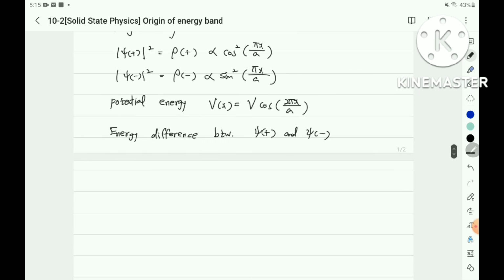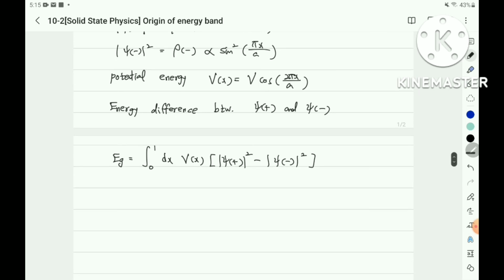This energy difference we call the energy band gap, and let's define it as the integral from 0 to 1 dx of the potential times psi plus squared minus psi minus squared. It is the energy difference between the two traveling waves.